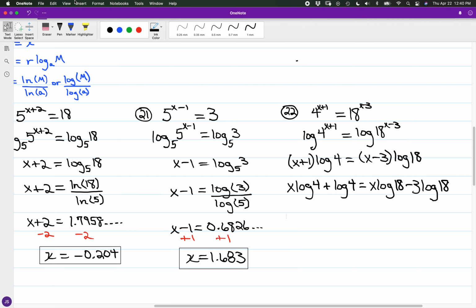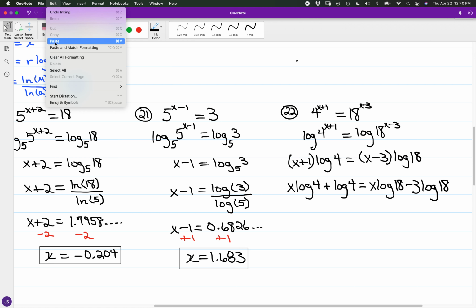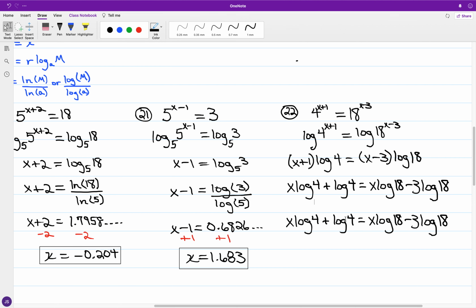So if we gather together our variable terms, I can join x times the base 10 logarithm of 4 with x times the base 10 logarithm of 18 by subtracting x times the base 10 logarithm of 18 on both sides. So I have the x terms on the left, and I'm going to go ahead and move the base 10 logarithm of 4 by subtracting.